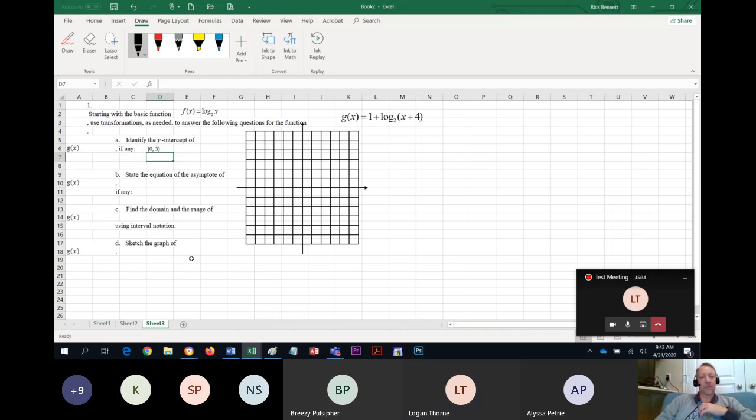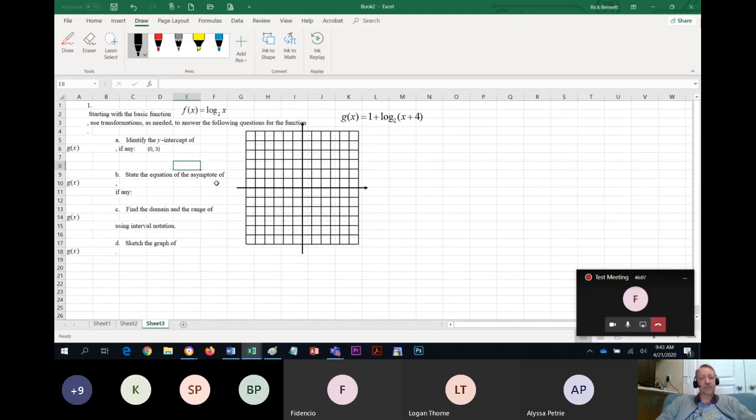Yes. Okay. All right. Where's the asymptote? Maybe we do want to start with here. Let's go back to here for just a minute. Do we know what the basic log function looks like? Can you describe that to me?